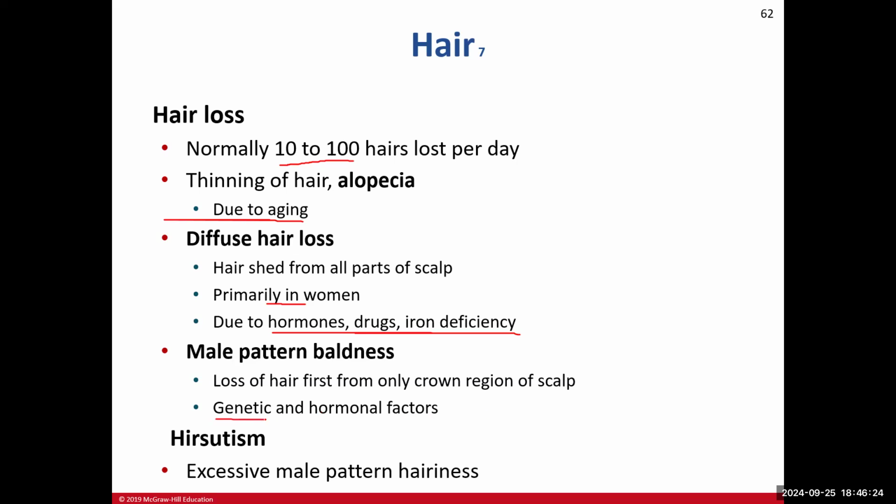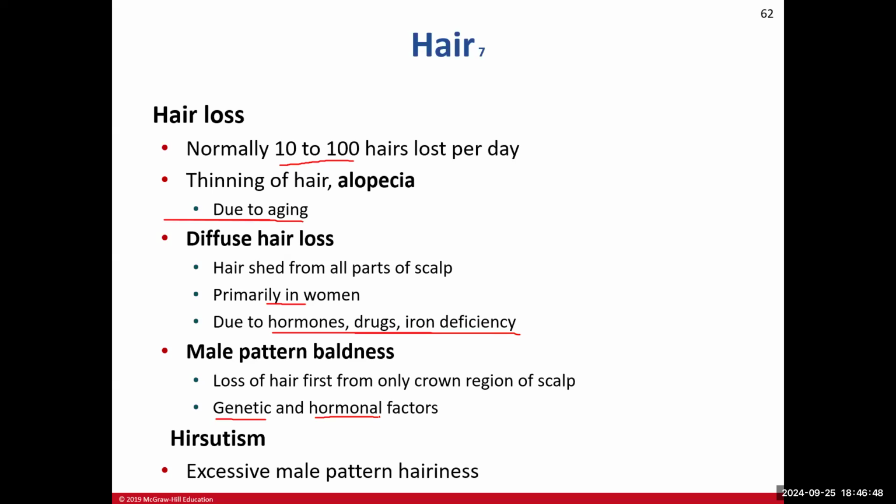And so from what I've heard, it comes from the mother's side of the family. But also there could be some hormone interaction there. Folks that take steroids, metabolic or anabolic steroids, that's one of the side effects of steroids is male pattern baldness.